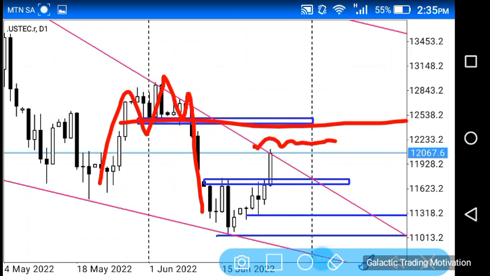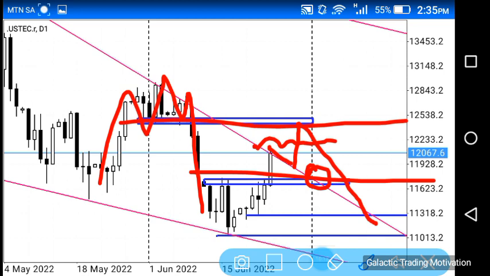In the next day or two, or in the next week rather, we might see price coming down slightly and then going up to trigger all those stop losses, and then from there pushing further down to maybe this area first, where we have this neckline, and then maybe down to this area again, where we have that liquidity candlestick, and maybe even further down to this area where we have that liquidity candlestick as well. I think on the weekly chart, right?